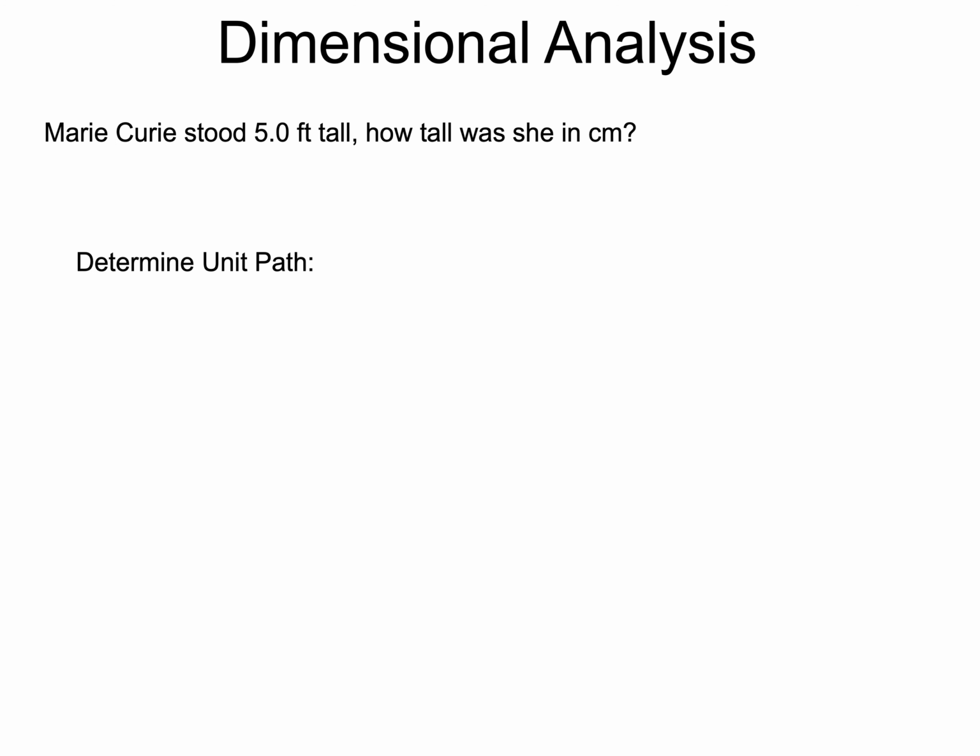This one is an example where we're going to convert feet into centimeters. The problem states: Marie Curie stood 5.0 feet tall. How tall was she in centimeters? Again, we're going to look at our unit path, and we're going to go from feet to inches, and then inches to centimeters.